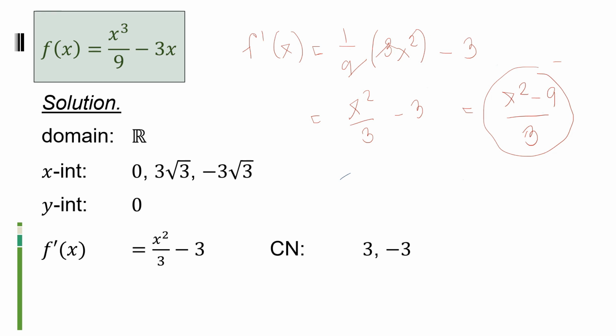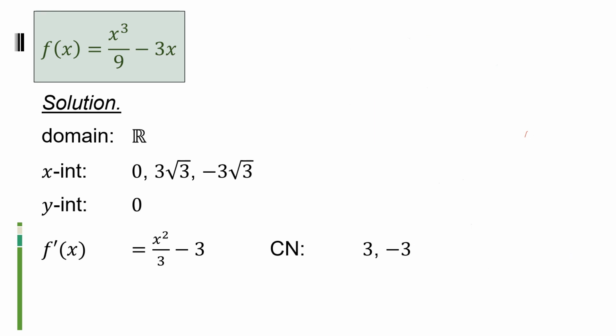So we have x squared minus 9 over 3 is equal to 0, or that is x squared minus 9 is equal to 0. So we have x now equals plus or minus 3. And then next, we need to find the second derivative. So we have f double prime of x equals, okay, from here we have 1/3 times 2x minus 0.